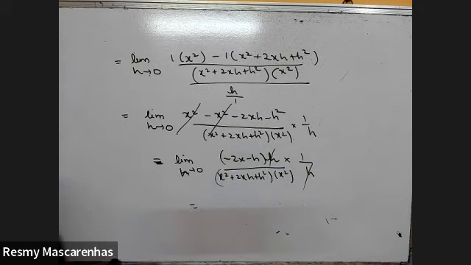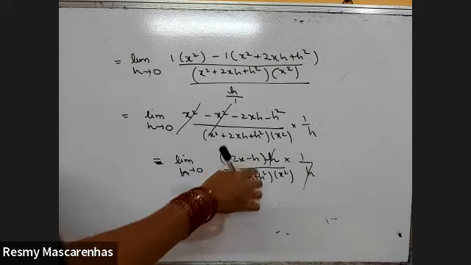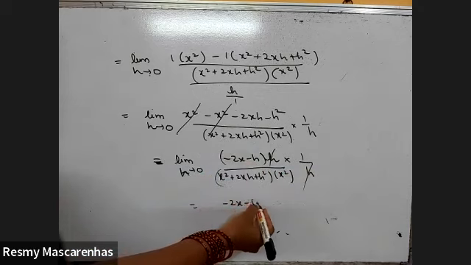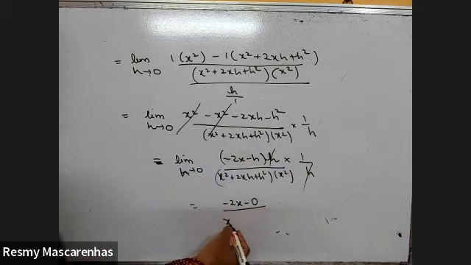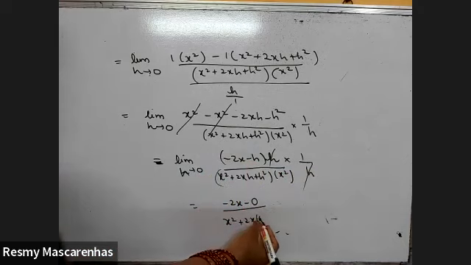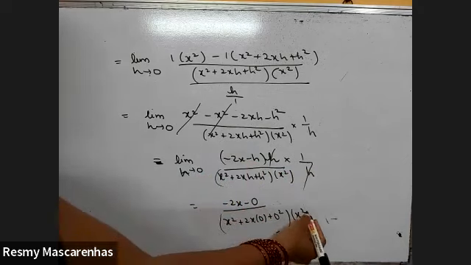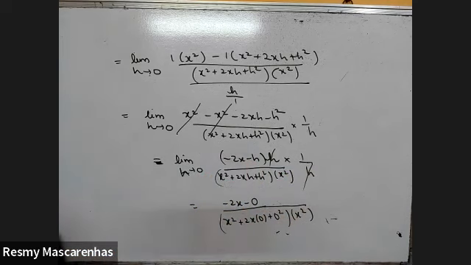Now you can substitute. Wherever there is h, put 0. In the entire problem, wherever there is h, you have to replace it by 0.